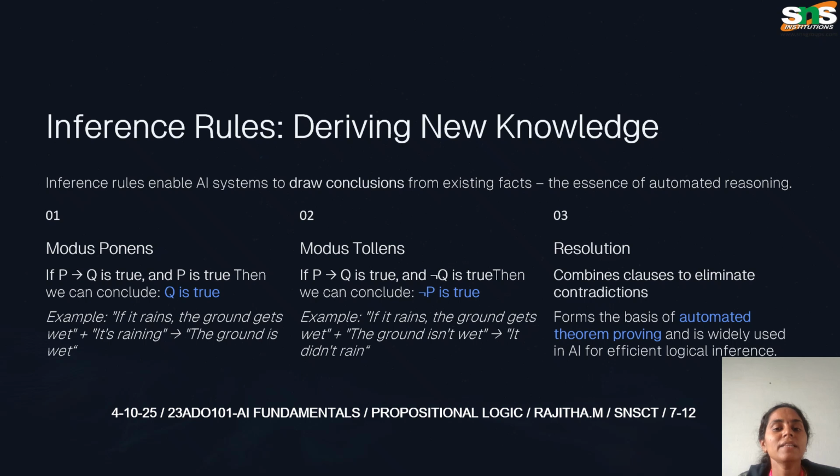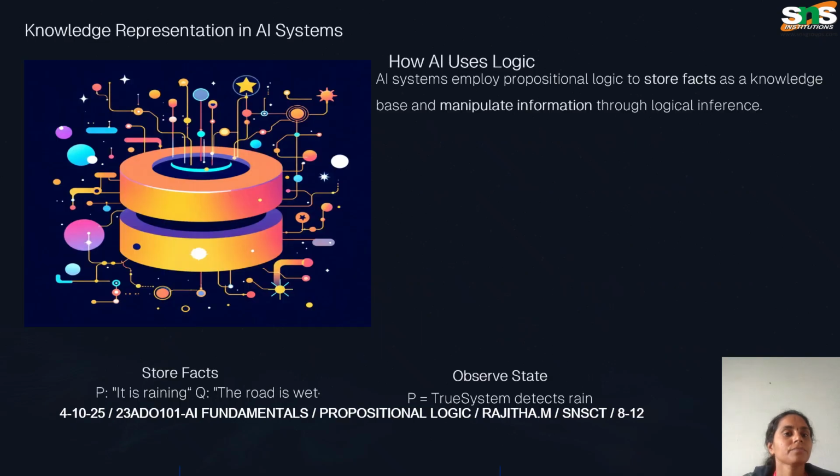Modus tollens: if P then Q is true and Q is false, then we conclude P is false. Example: if it rains, the ground is wet; the ground is not wet, so it didn't rain. Resolution is used to remove contradiction. This forms the basis for automated theorem proving in AI.